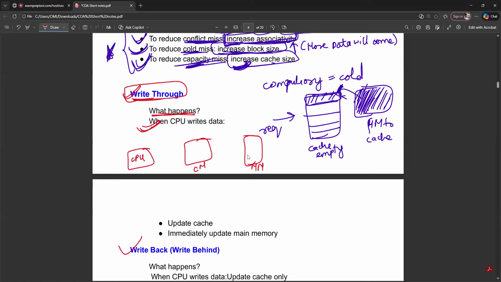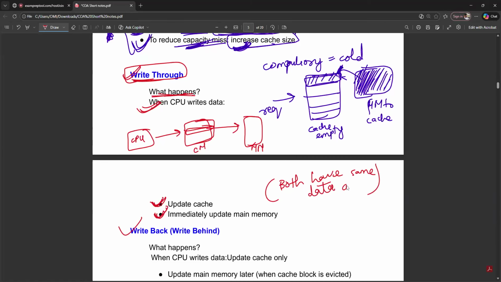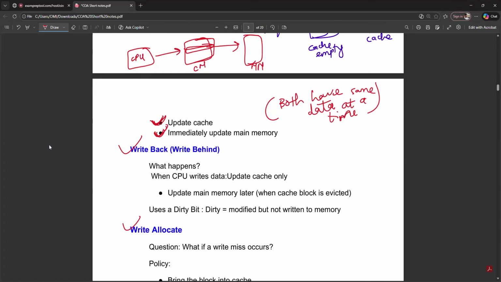When the CPU is writing data, it updates the cache and immediately updates the main memory. So whenever the CPU writes data, it updates both the cache and the main memory, so both have the same data at a time. So this is the write through cache.